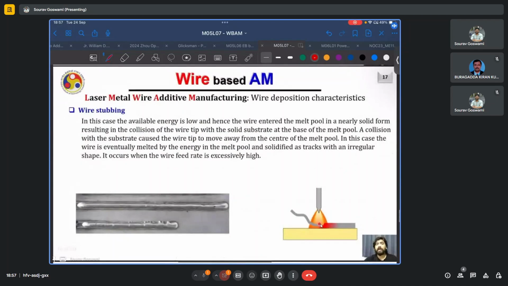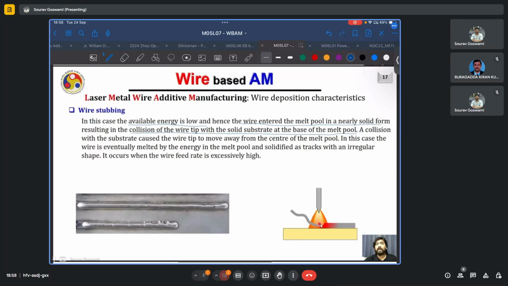The opposite case is that of wire stubbing, where the wire feed is too high. Because of the very high wire feed rate, the available energy per unit time per unit length is low, and hence the wire enters the melt pool in an almost solid or semi-solid form, resulting in collision of the wire tip with the solid substrate at the base of the melt pool.